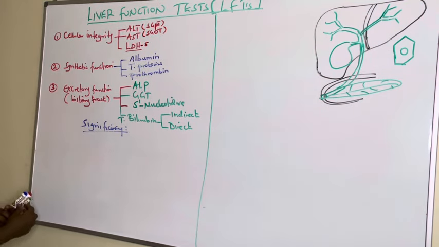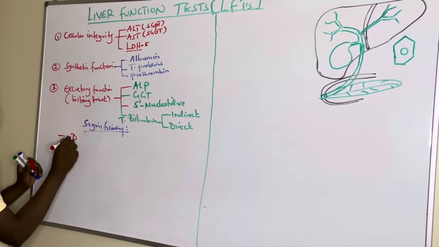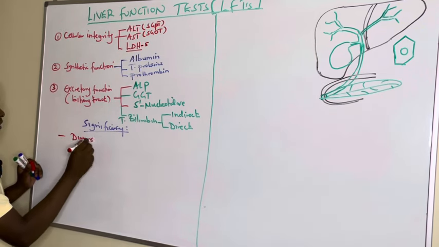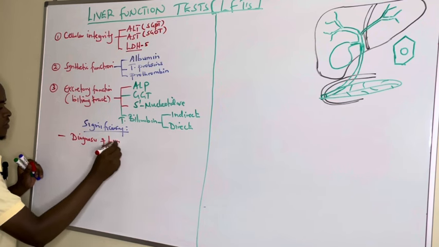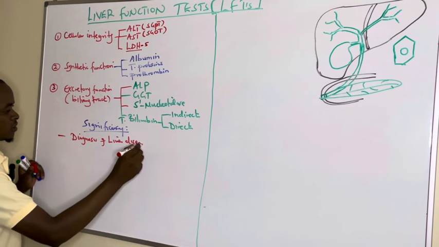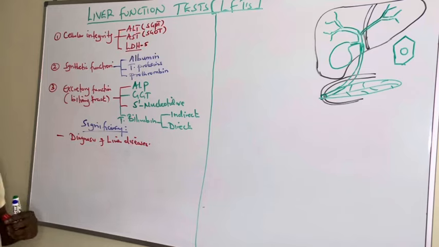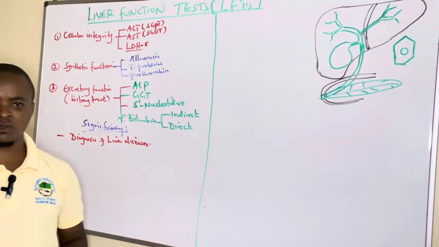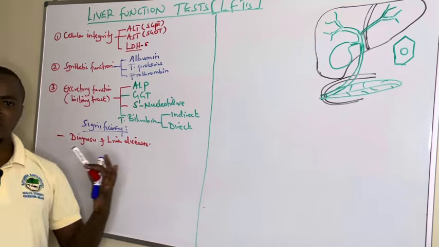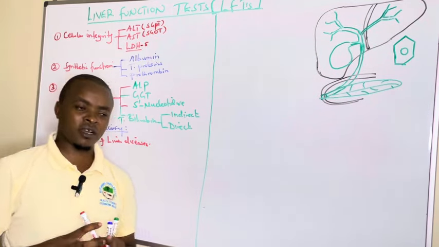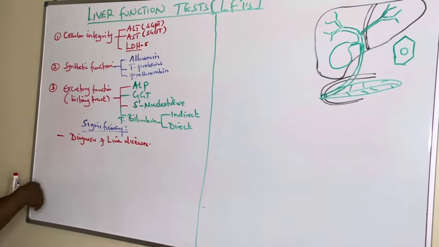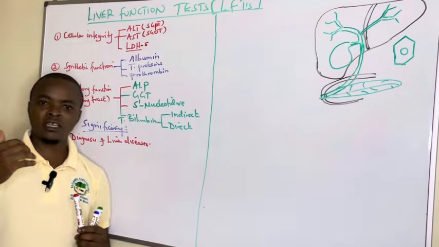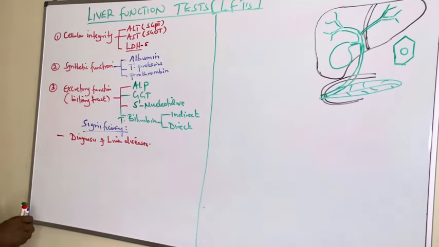So significance number one of liver function tests is for diagnosis of liver diseases, which we covered in a video. If you haven't watched my video on liver diseases, please get time and watch it, because in that video I talked about all the liver diseases. So we are saying we can use LFTs to diagnose if someone has a liver disease.